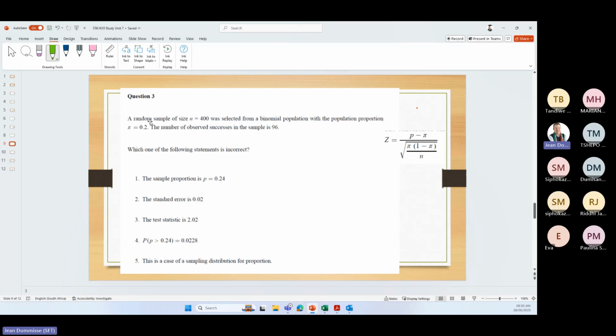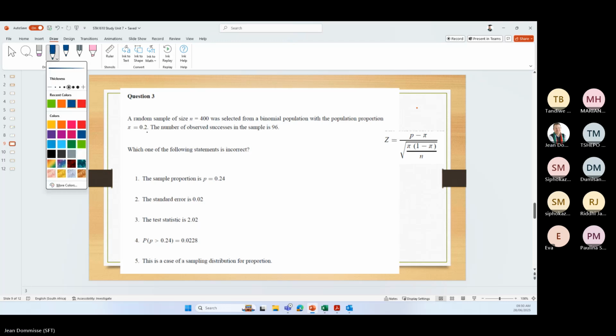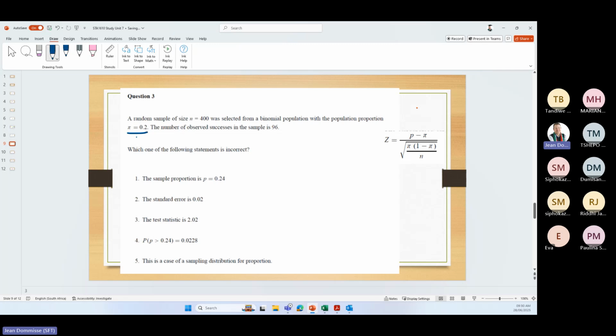A random sample size n is equal to 400 was selected from a binomial population with a population proportion of pi equal to 0,2. The number of observed successes in the sample is 96. Okay, which of the following statements is incorrect?